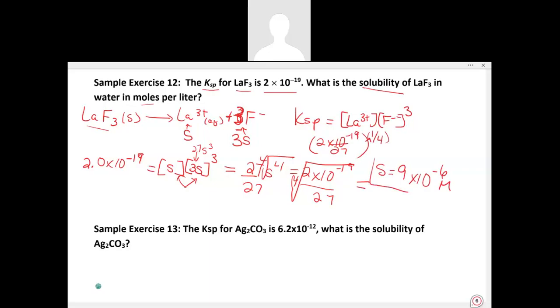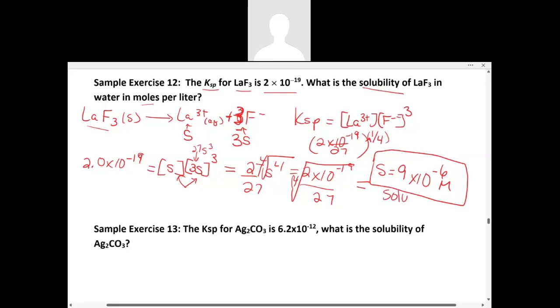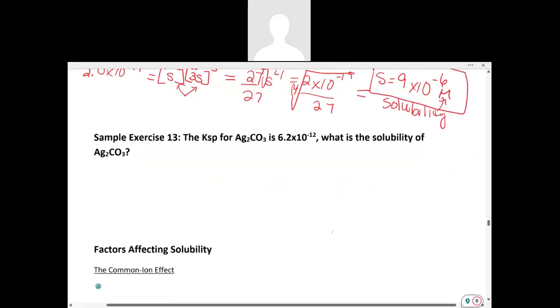If you didn't get that value, try again or reach out and ask me to help. So we solved for S. This is our solubility, specifically molar solubility.